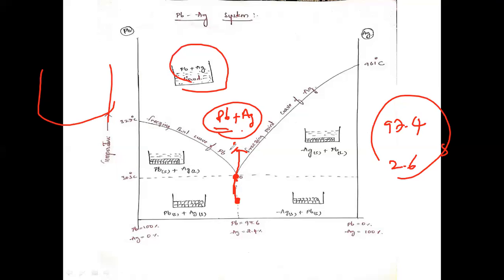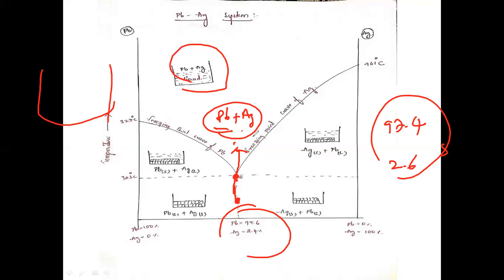Generally to make alloys we need this phase diagram, because by using this phase diagram I can easily understand how a particular mixture can easily melt, or how it can easily freeze, at which composition it can easily melt, at which composition it can easily freeze. That composition we must understand by using this phase diagram.